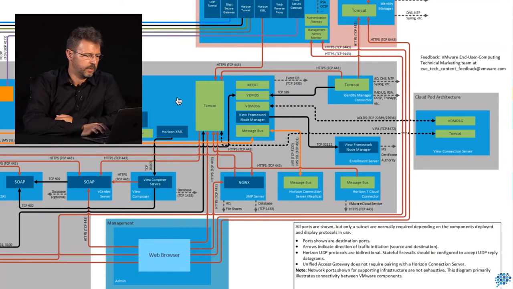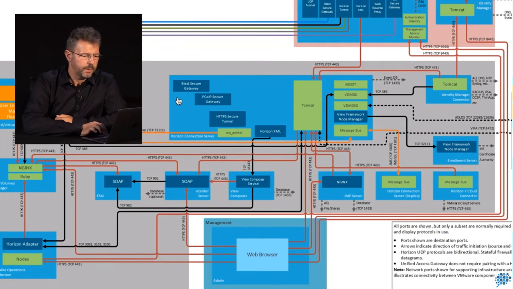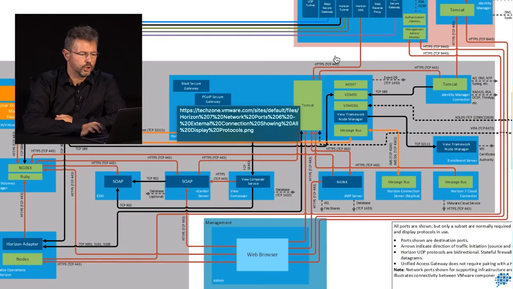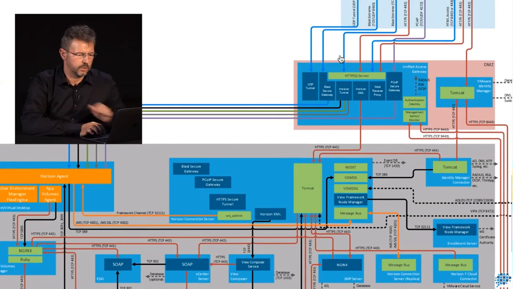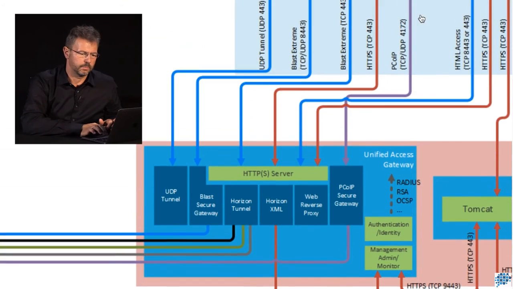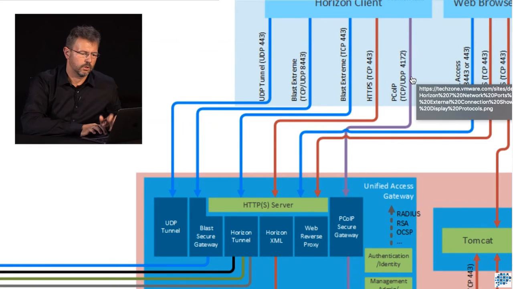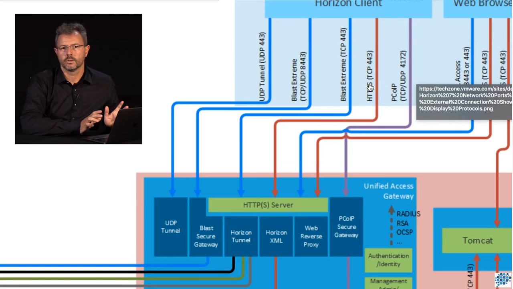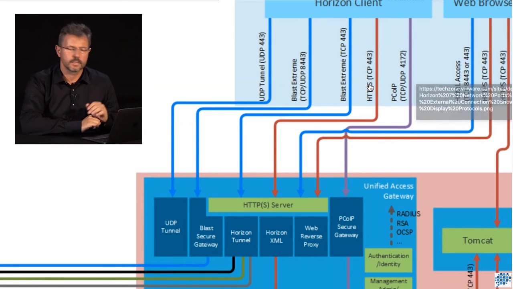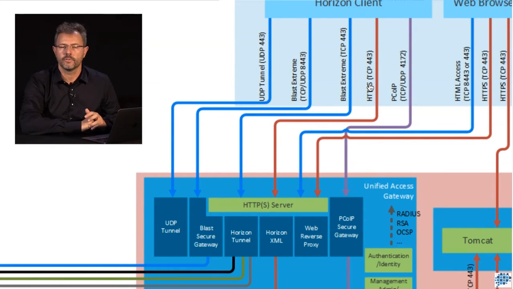But what else is happening in the backend? Depending on the display protocol you are going to use, you can see that we have the possibility of having Blast, PCoIP, or RDP. Depending on the display protocol, different ports are used. If you are going to use PCoIP, it's 4172. If it's Blast, it's 443 or 8443.